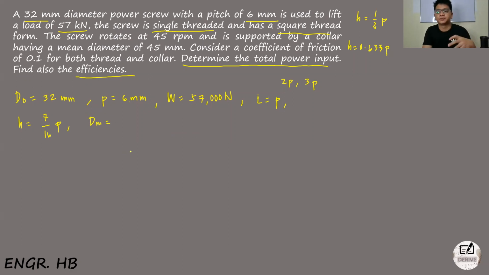And we all know that if we project it based on the drawing, dm is equal to the average of DO plus root diameter, and it is also equal to the difference of major diameter and tooth thickness. And ano yung tooth thickness mo? Ito yan. Okay.